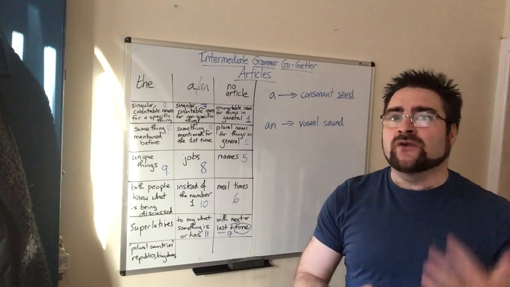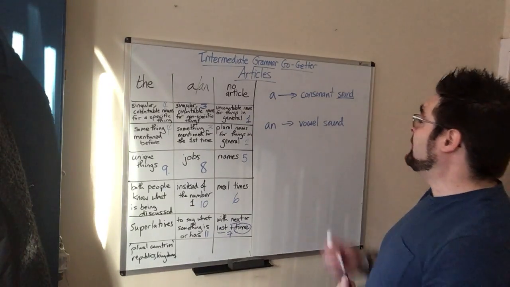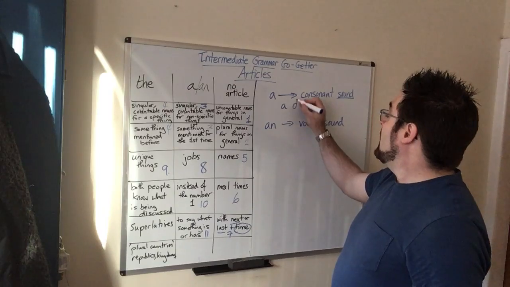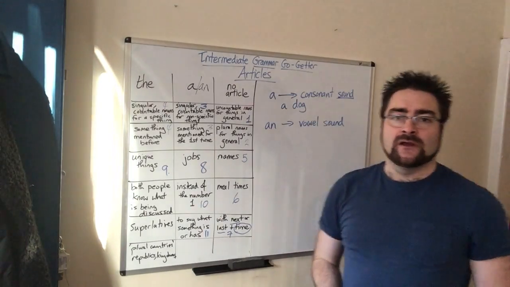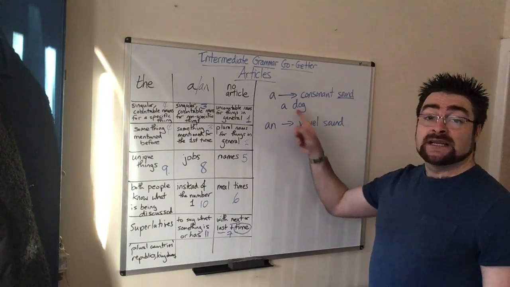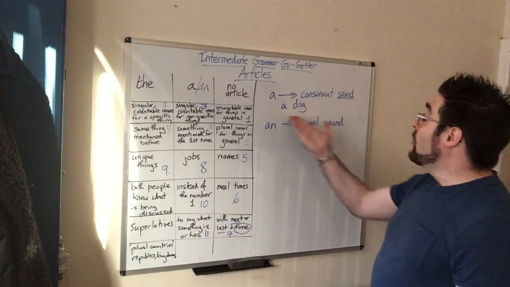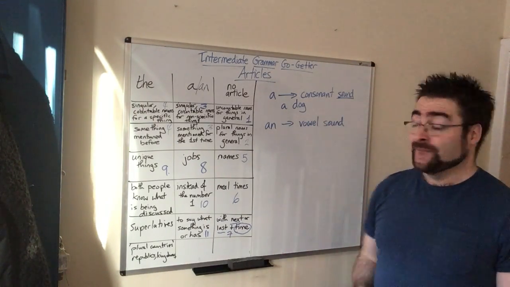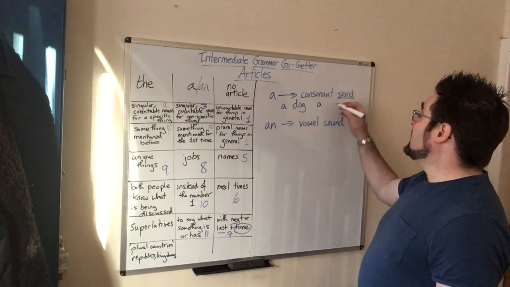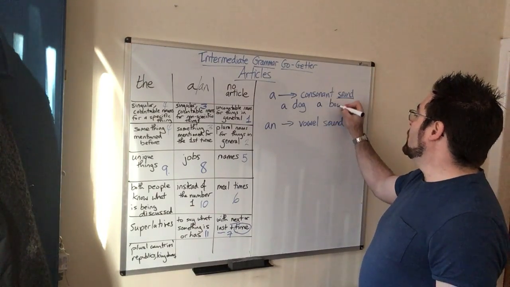Now, you might be a little confused by this, so let me show you a few examples. Okay, a dog. The next sound is d. D is a consonant sound, so we say a dog. Okay, and let's do another one. A book.